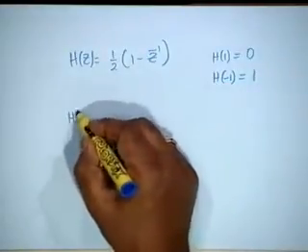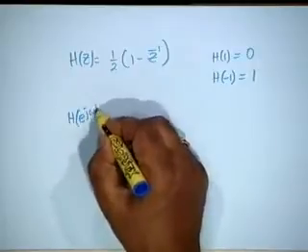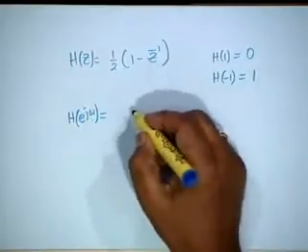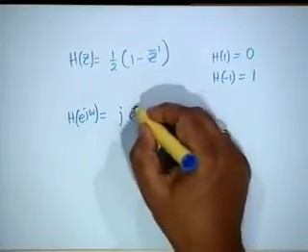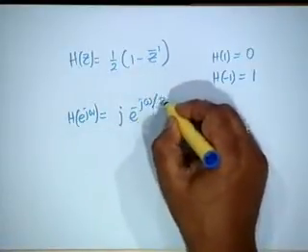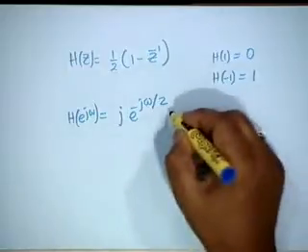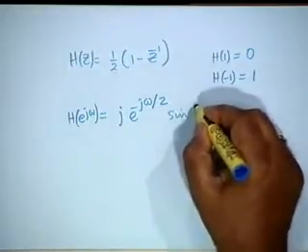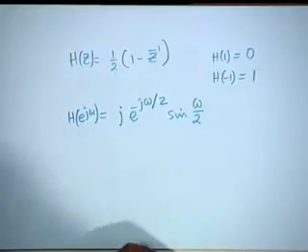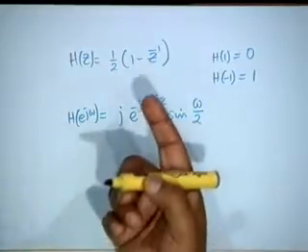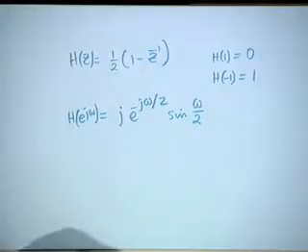You can also show that h of e to the j omega is equal to j times e to the minus j omega by 2. Where does this j come from? Because we want to make this sine of omega by 2. Sine requires a j. You can put z equal to e to the j omega and simplify like this.